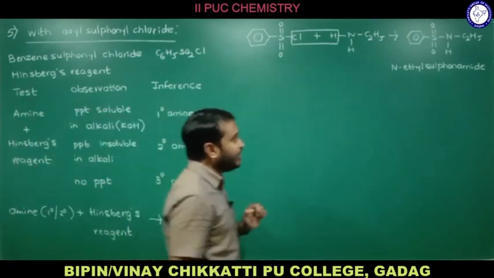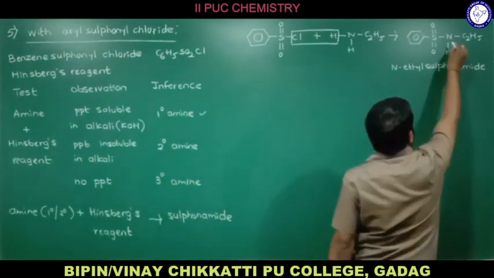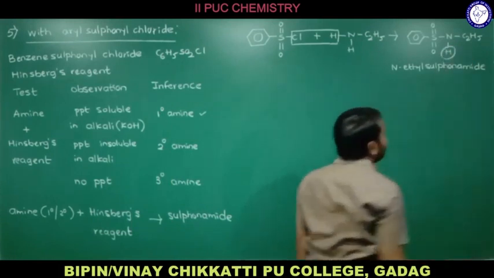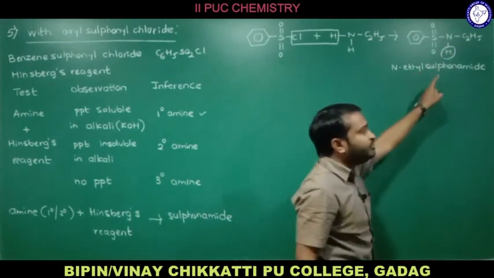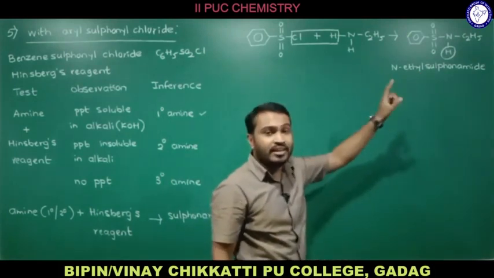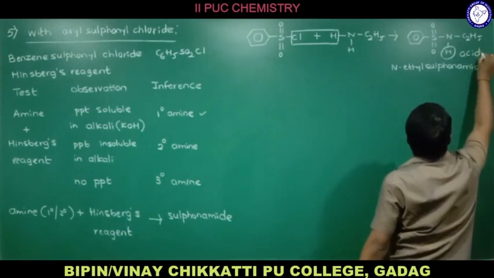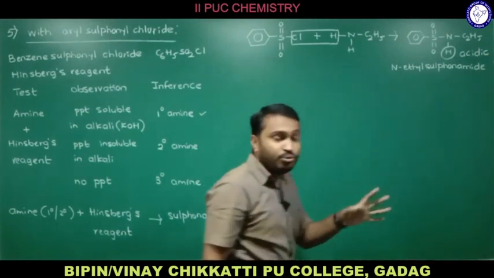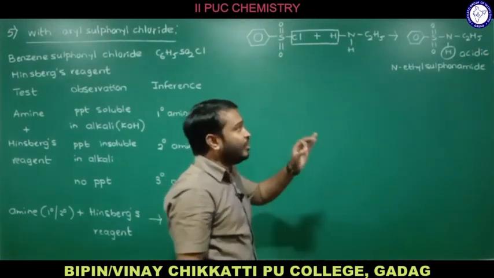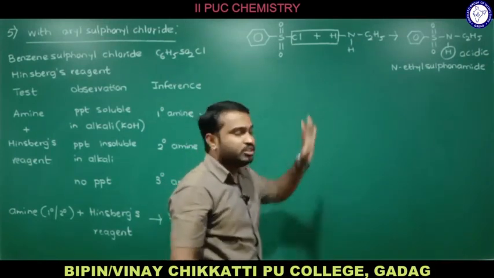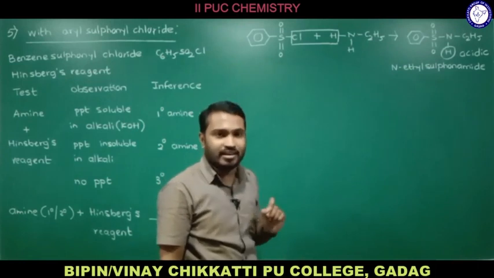The reason behind that is, here we have a nitrogen and here we have a hydrogen, isn't it? And the hydrogen which is attached to nitrogen is acidic in nature. Due to the presence of acidic hydrogen on a nitrogen in a sulfonamide, this precipitate is going to be soluble in alkali.